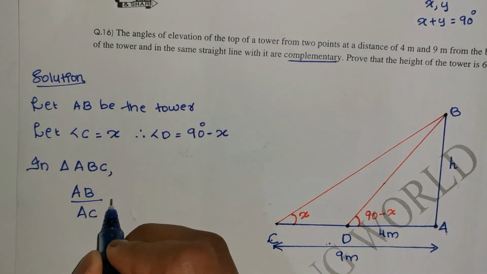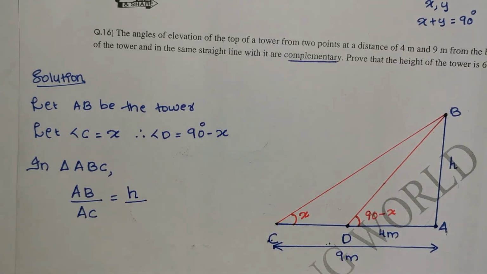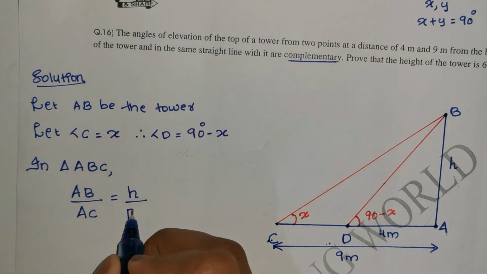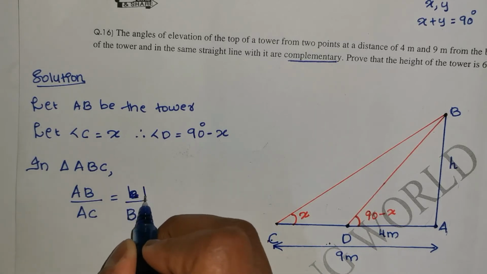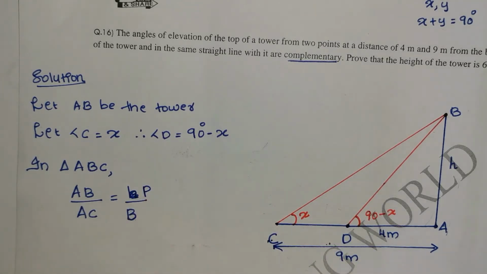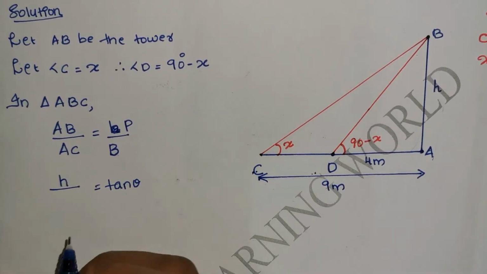AB by AC is perpendicular by base, so instead of P we can write H. P by B is tan theta. So instead of AB I am writing H by AC, which is 9.